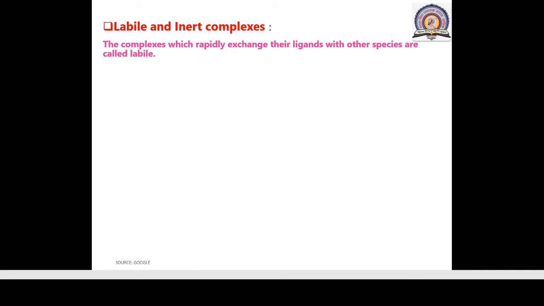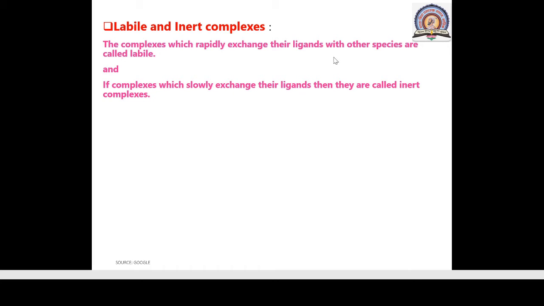The complexes which rapidly exchange their ligands with other species or other ligands are called labile complexes, and the complexes which slowly exchange their ligands are called inert complexes.